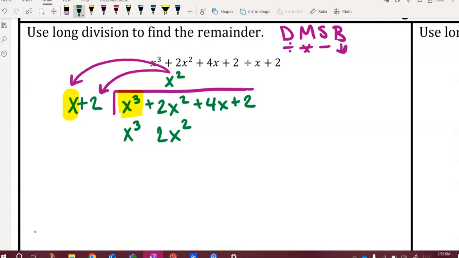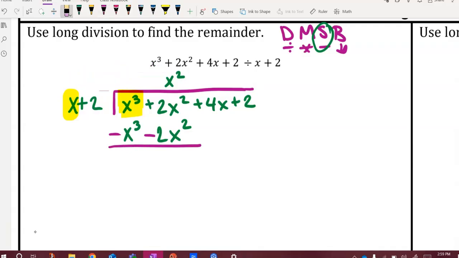Now, because our next step is to subtract, we're going to make them negative, and we're going to subtract from the numbers above. So now we have x cubed minus x cubed. Those cancel out. 2x squared minus 2x squared. Those also cancel out. So we're left with 0. Our next step is to bring down the next term, and we will go right back into dividing again.